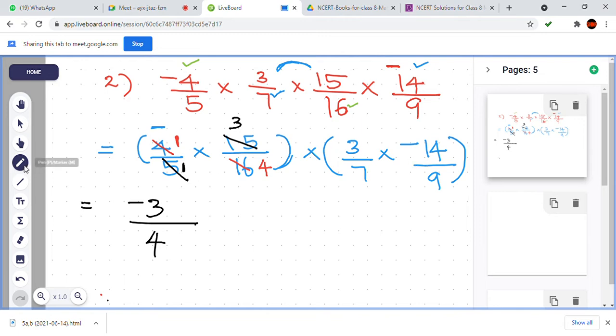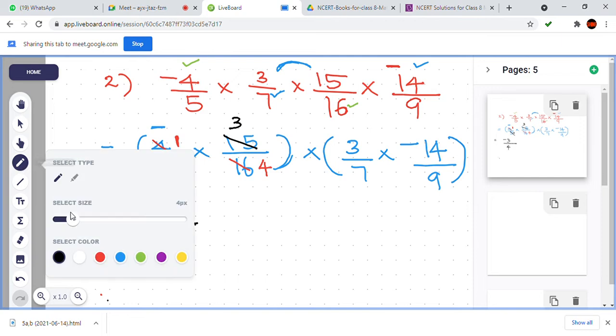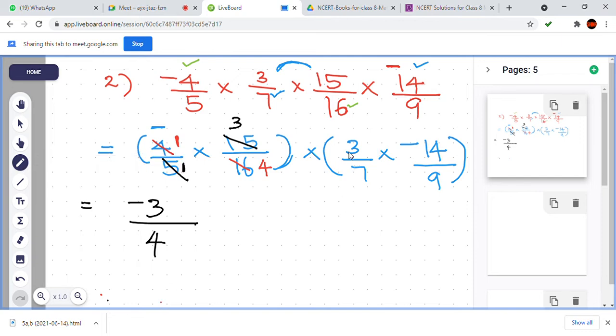In the second bracket, first you listen. This 3 and 9 we can cancel with the 3. We can divide by 3. 3 divided by 3 is 1. 9 divided by 3 is 3.